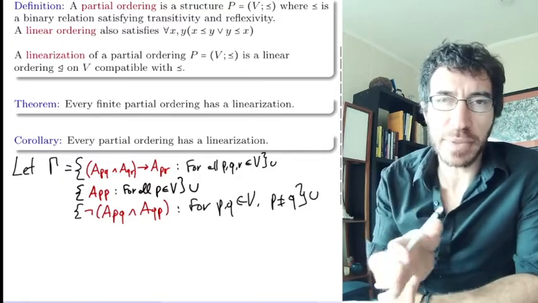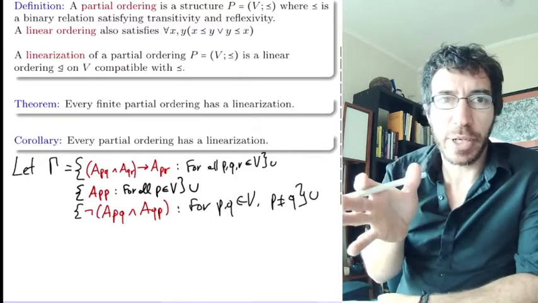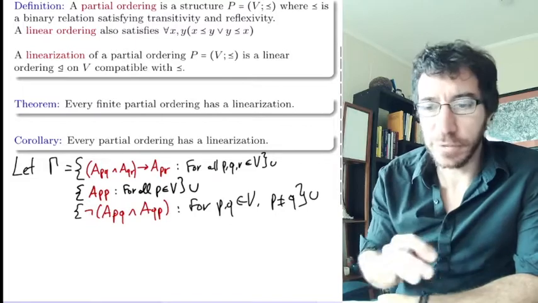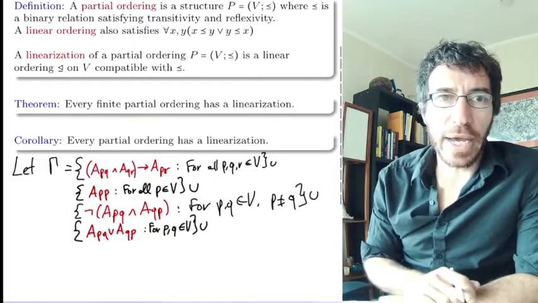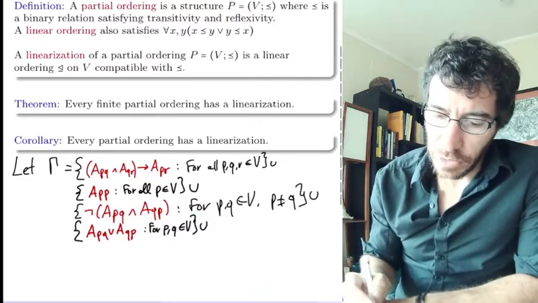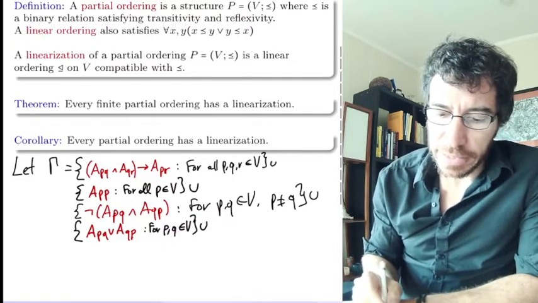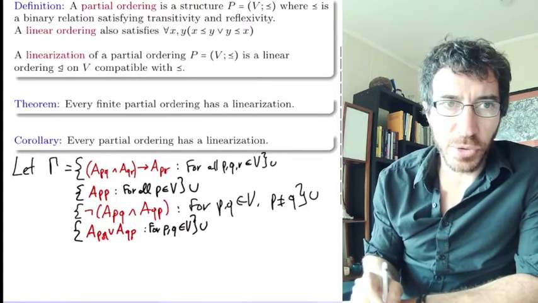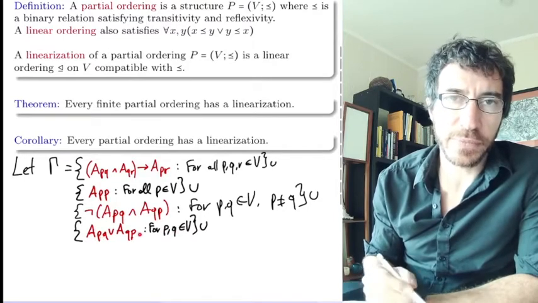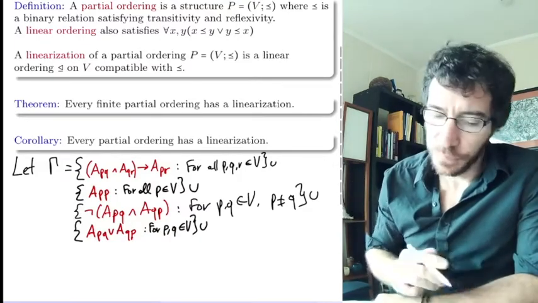So if you have something that satisfies all these sentences, we're already defining a partial ordering, but we want to get a linear ordering. So we add these new axioms that say that whenever you have P and Q in V, you must have that either P is less than or equal to Q or Q is less than or equal to P, right? So that's the linear ordering. Whenever you have two, you have to relate one way.